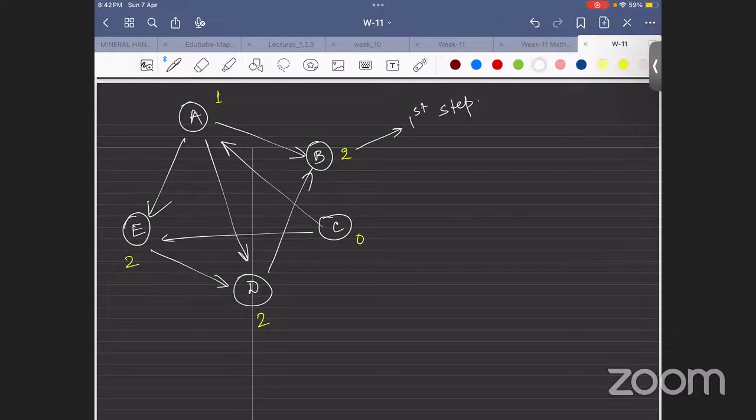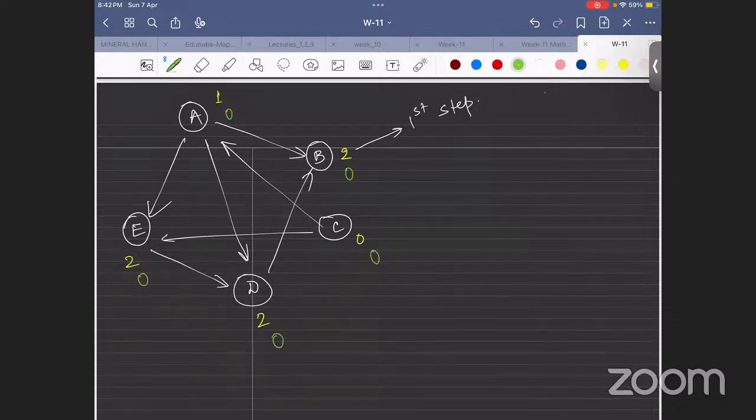The second step is to initialize the value. So I'll always be giving the longest path to that particular point in green color. Yellow is for the in degree, and green is for the longest path to that particular vertex that we have initialized. For example, we have initialized it to 0 for each of the vertices.